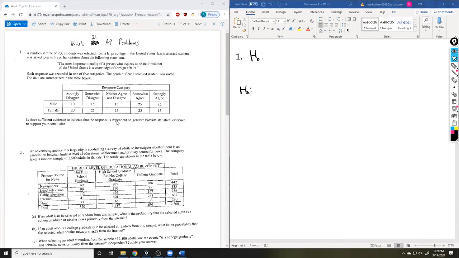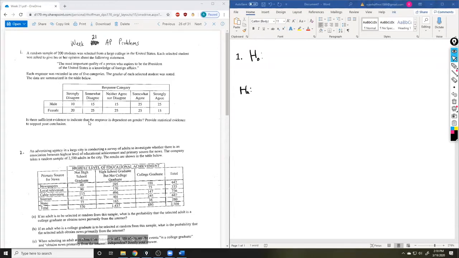Based on the fact that we're just taking a random sample of 200 and then asking them the questions, that's going to be association and independence. So a lot of times it's going to be clear which one we're going to use.